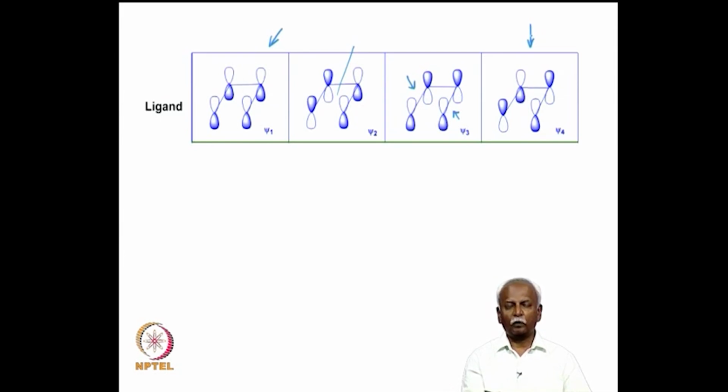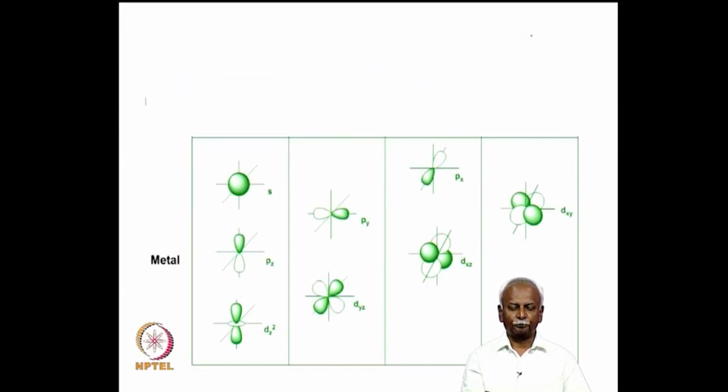So, let us take a look at the metal orbitals that are available for interaction with a simple polyene system, the diene system, which is shown here. The metal orbitals can be conveniently drawn in this particular fashion.